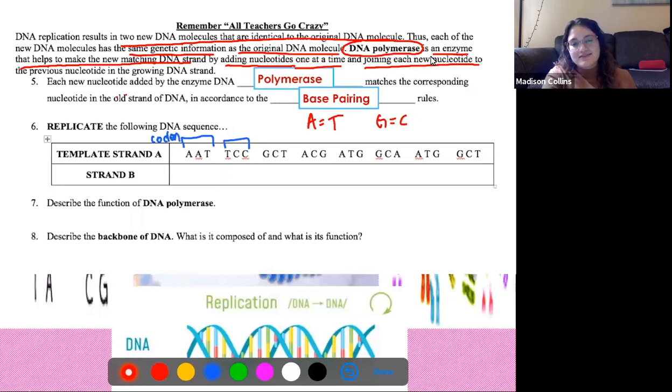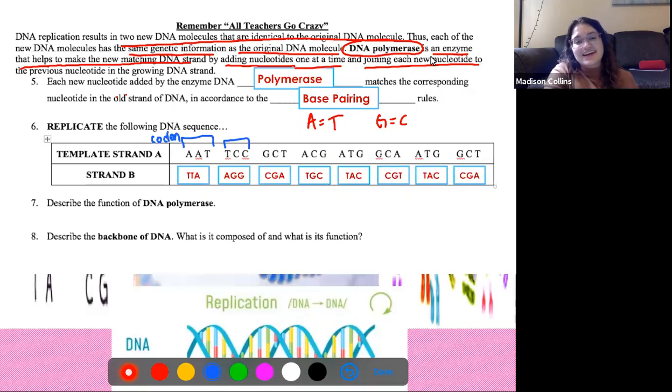Strand B, drum roll please, should have been T, T, A, G, G, C, G, A, T, G, C, T, A, C, C, G, T, I feel like I'm leading a cheer. TAC, and then CGA. Fantastic job. I'm just going to assume you got all of those right.